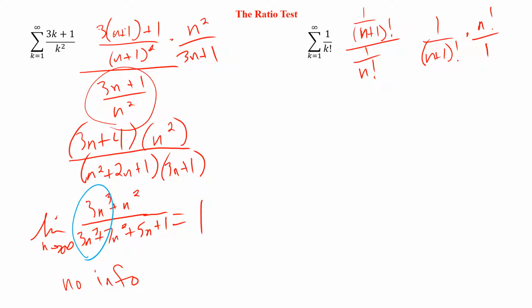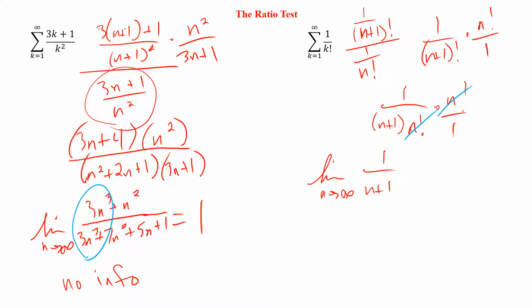Remember, factorial is that number times all the ones below, so that'll be 1 over (n plus 1) times n times (n minus 1) and so on, times n factorial over 1. The n factorials cancel, so we end up with 1 over n plus 1, limit as n goes to infinity equals 0, which is less than 1, which means that the series converges.